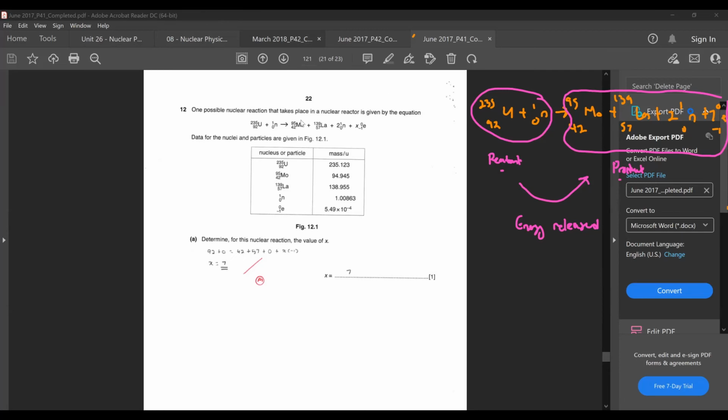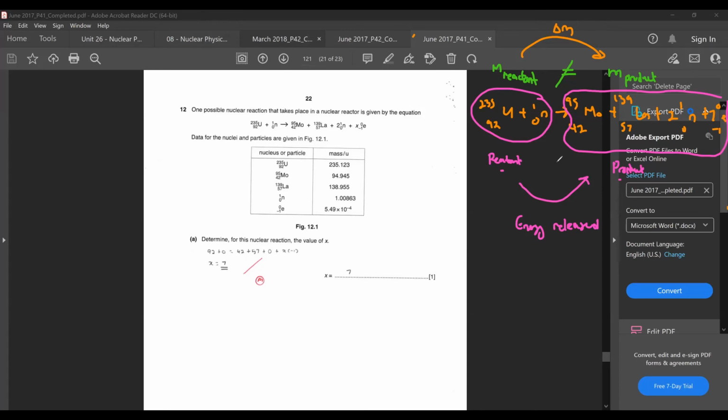Now the thing here is also this: when you go from reactants to products, the mass of your reactants, when you compare it with the mass of your products, will not be the same. There will be a difference in the mass.